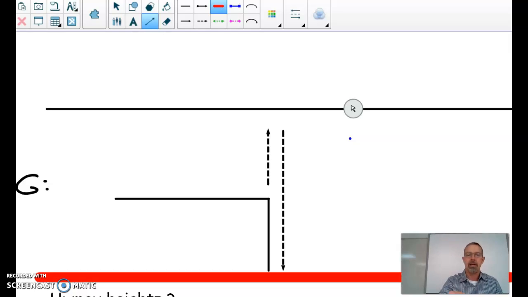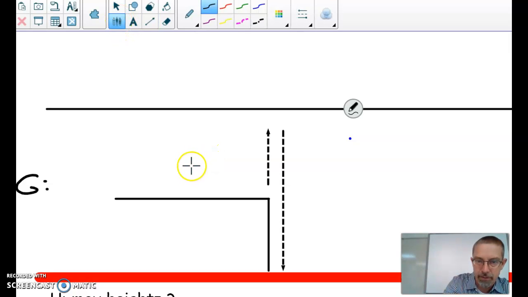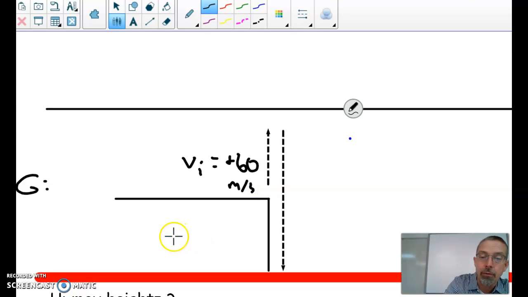We have an object, and I'm going to diagram it, and then I'm going to write down the givens. So my initial velocity here is going to be a positive 60 meters per second. I know that this delta y, and this is where you have to be a little bit cautious, the delta y ends up going to be a negative 80 meters.